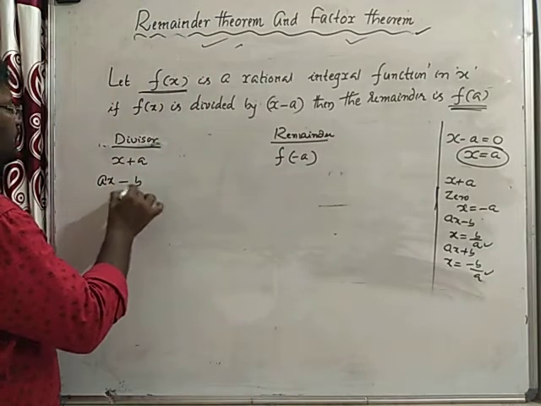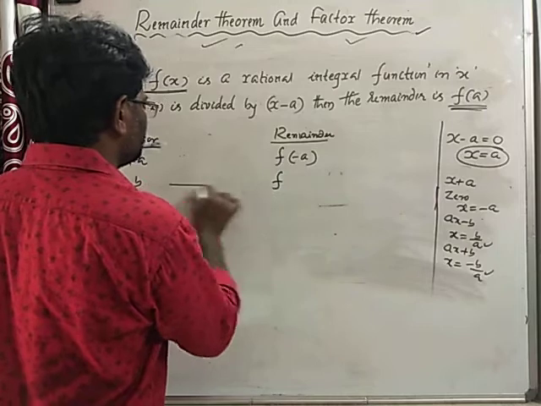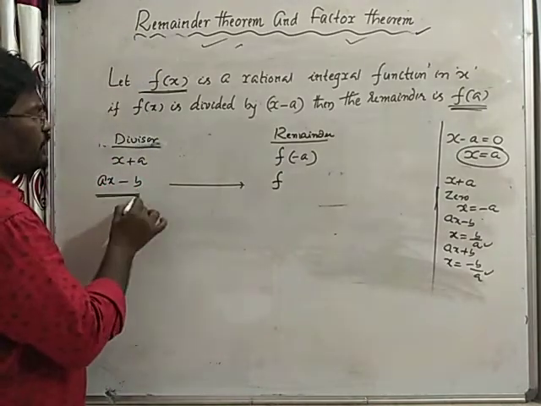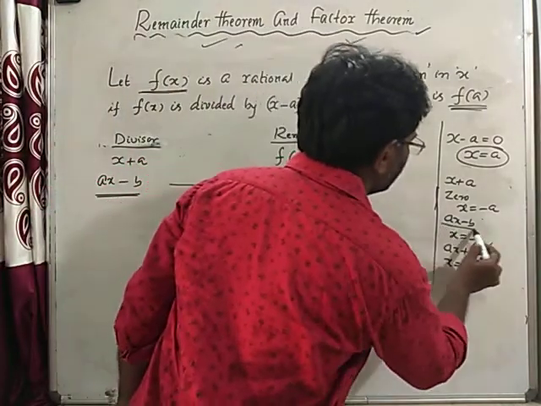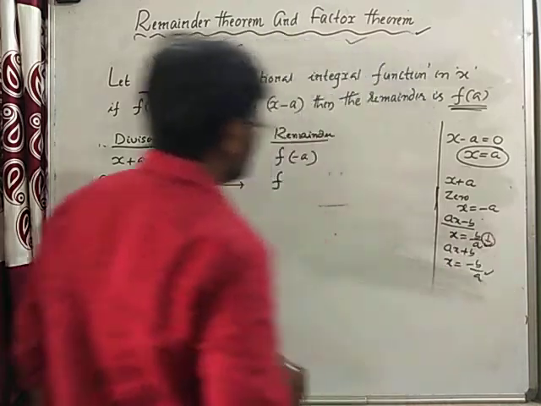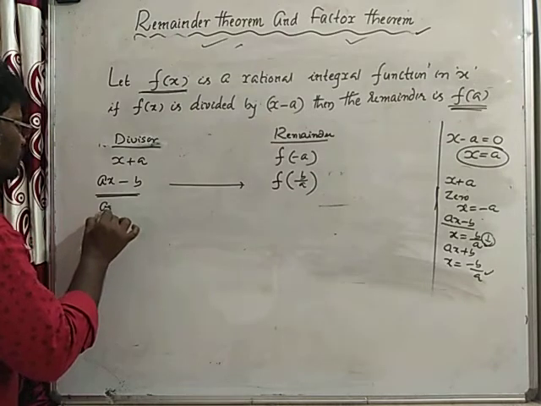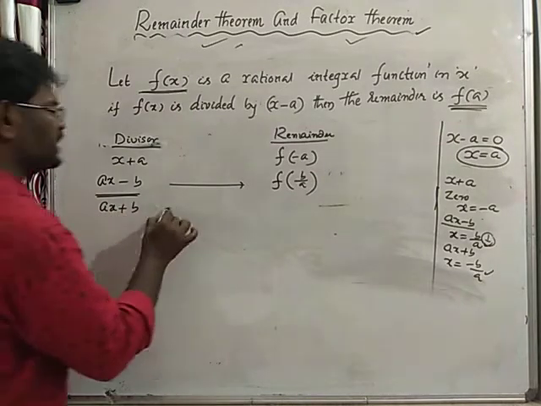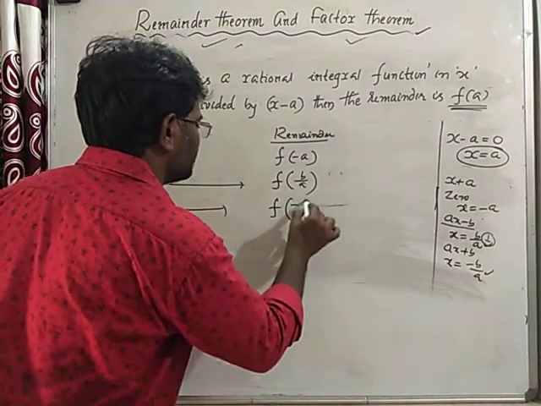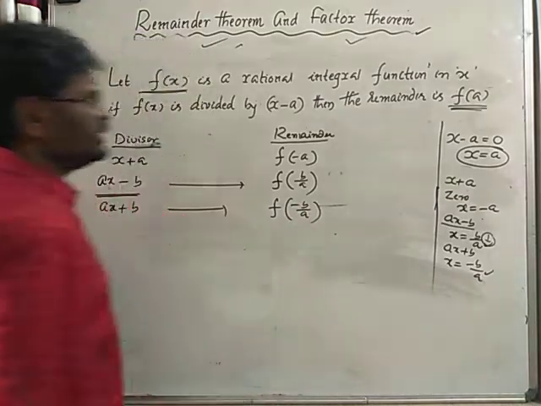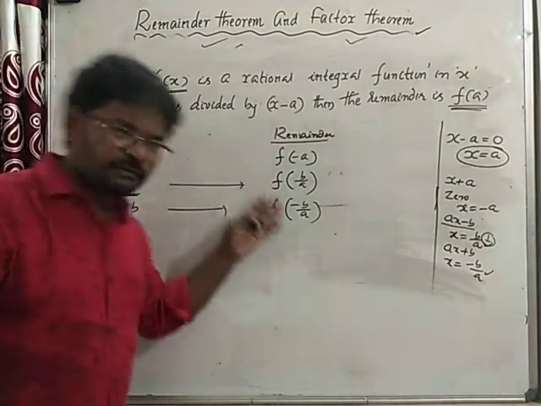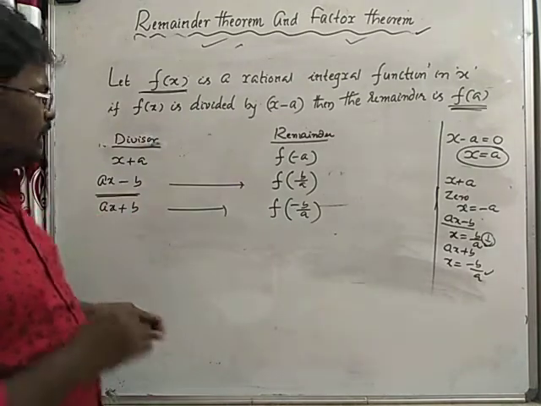For ax minus b, what is the remainder? What is the zero value of ax minus b? Already we wrote the zero value: b by a. So the remainder is f of b by a. Suppose we divide by ax plus b, the remainder is f of minus b by a. Simply we can find the remainders by using this theorem.